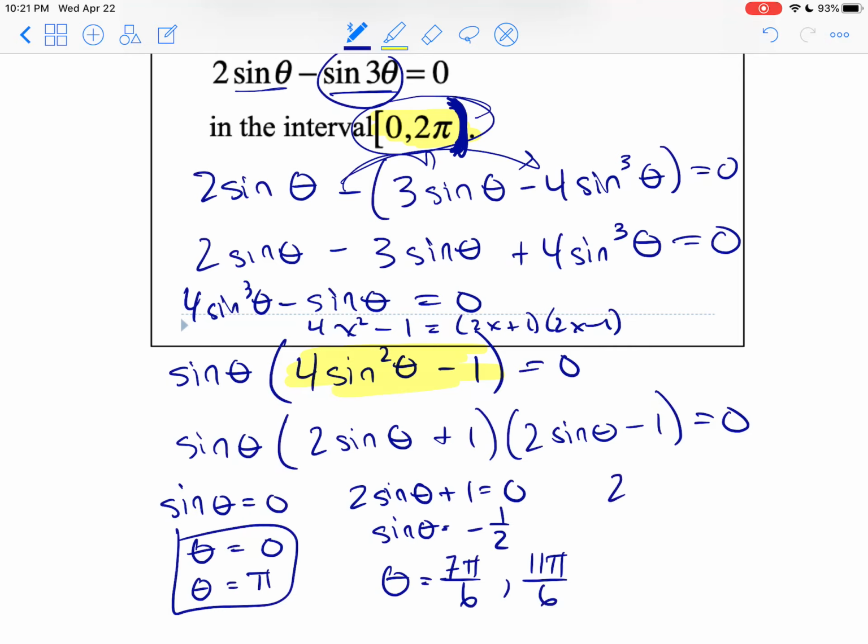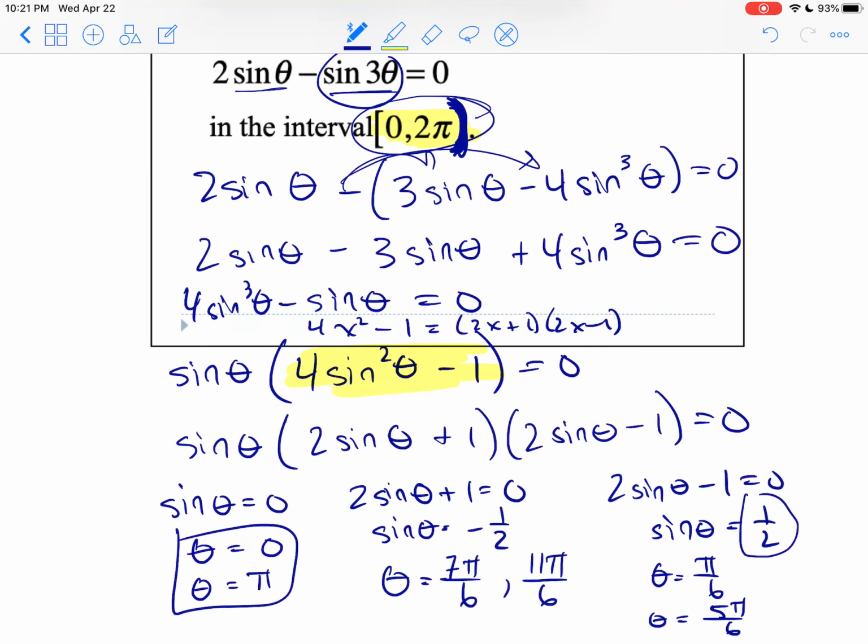And then we also have that 2 sine theta minus 1 equals 0, which means that sine of theta equals positive 1/2. And this happens when theta equals pi over 6 and when theta equals 5 pi over 6. So pi over 6 is that smaller angle, so I'm not as far up.